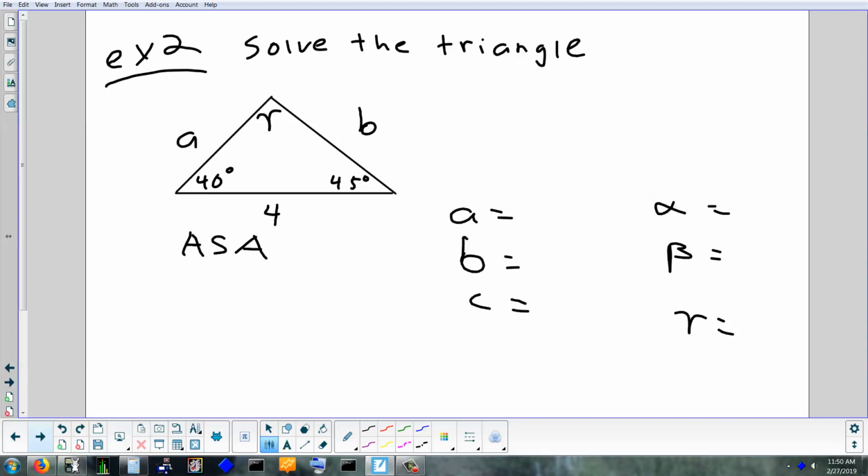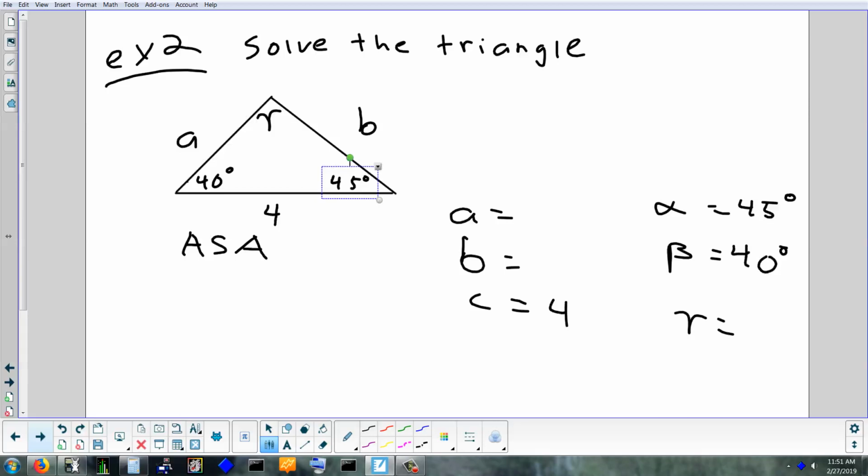Now, they didn't label what 40 is, but based on where it's placed, you should know which one it is. What's the 40 here? Beta. Yes, 40 is beta. And what about 45? Alpha. And 4? C. It's across from gamma.